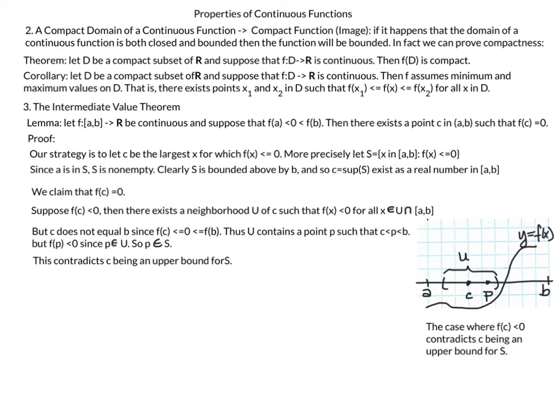But we also know c does not equal b since f of c is less than 0 and f of b is greater than 0. Thus u contains a point p such that p is between c and b. And we know we can find this p because c and b are real numbers. But we also know that f of p is less than 0 since p is in the neighborhood u, so p is in S.